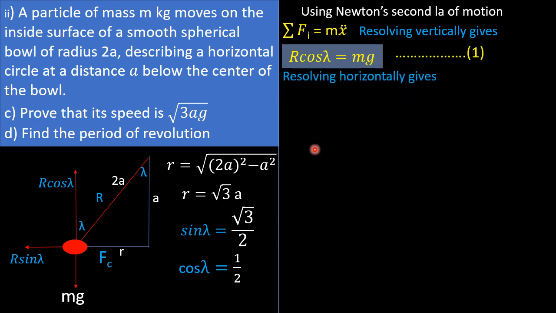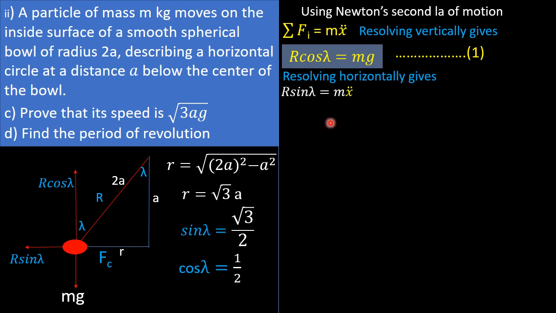Then friends, if you resolve horizontally now, we will see that this centripetal force is going to balance with the component that seeks to prevent the particle from leaving its circular path. Great. So we are going to have that, and the centripetal acceleration, we know that to be what? V squared over r, right?